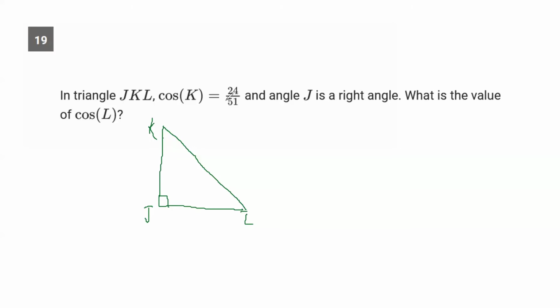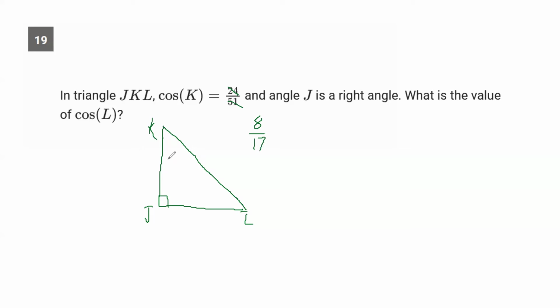So this is the ratio. We don't actually know the values, but the ratio is good enough. So we're going to say JK is, before I do anything, I'm going to simplify the ratio if I can. So it's going to become 8/17 because I divided by 3.